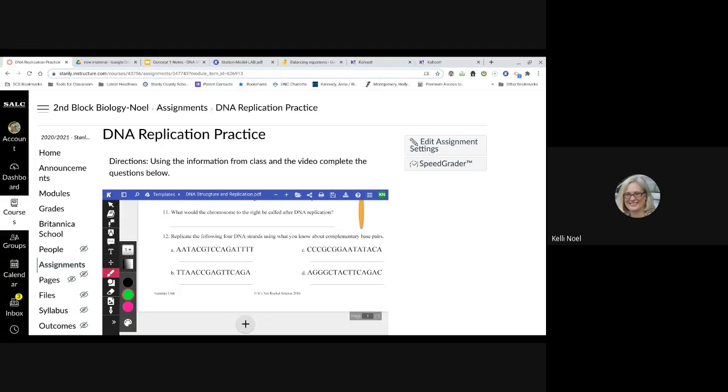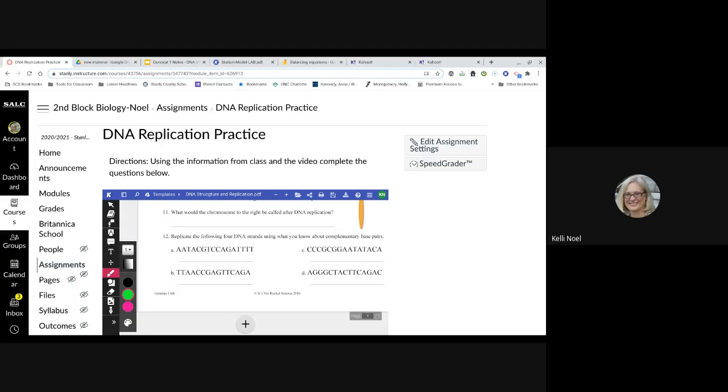So you'll need a text box. So if I see an A, what am I going to type? T. And it doesn't matter if yours doesn't line up exactly underneath the letters, as long as they're in the same order. I see a T, what am I going to write?